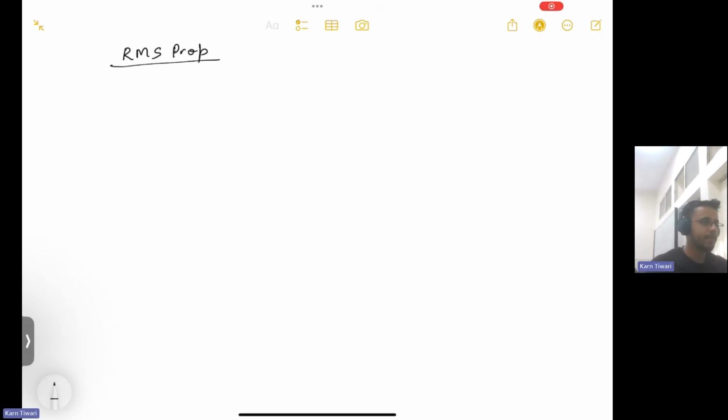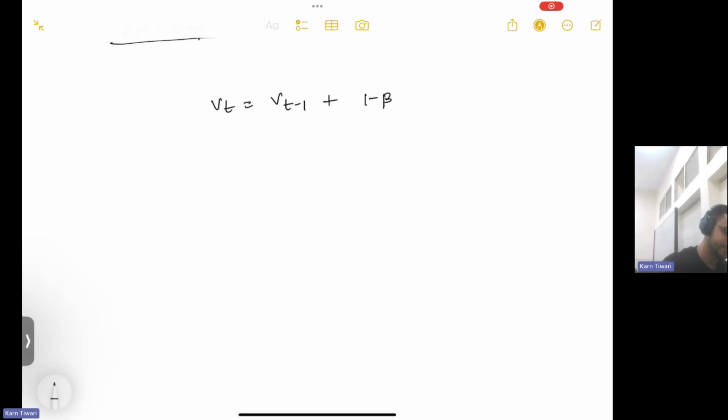In RMSProp, they made a very minute change. The update will remain the same, but V_t they changed to V_t equal to beta times V_{t-1} plus 1 minus beta times del of theta_t whole squared. So this beta now controls the gradient.